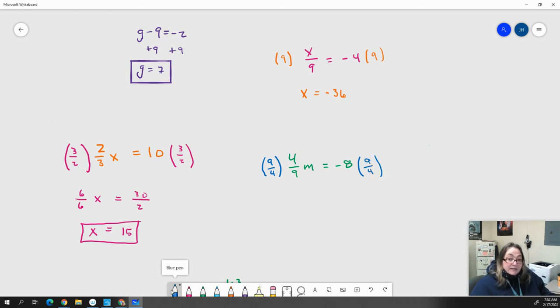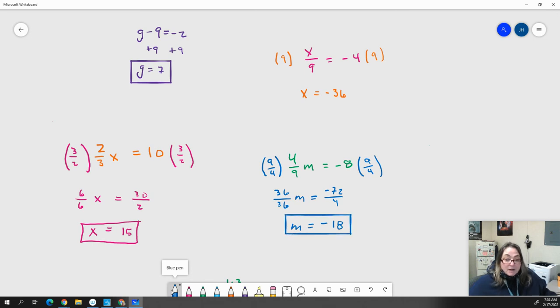And here I would get 9 times 4 is 36 over 4 times 9, that is 36. Do I have to do this all the time? No, right? I just know that if I multiply something by its reciprocal, I'm going to get 1. -8 times 9, well, that's going to be -72 divided by 4. And here we would wind up with m equals -18.